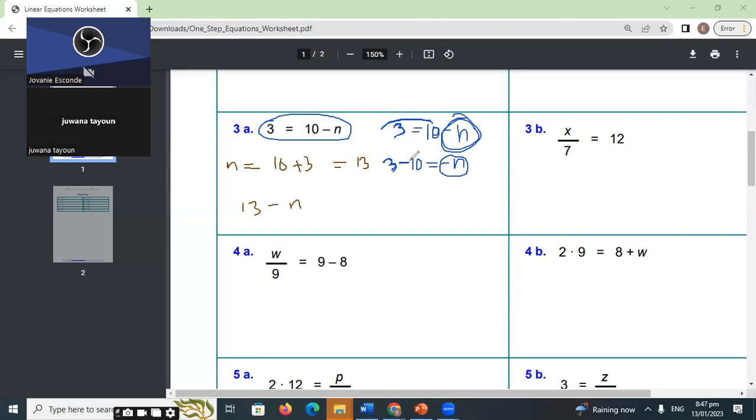So minus 10 is equal to negative n. Why negative n? Because we have here 10 minus n, that is the same as negative n. So that's why we have negative n. So 3 minus 10 is equal to negative n. So now, Joanna, what is 3 minus 10?